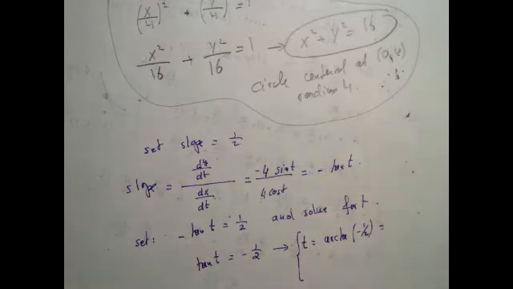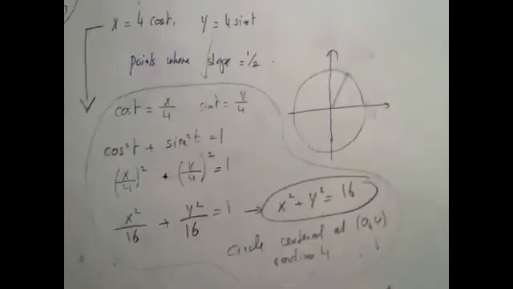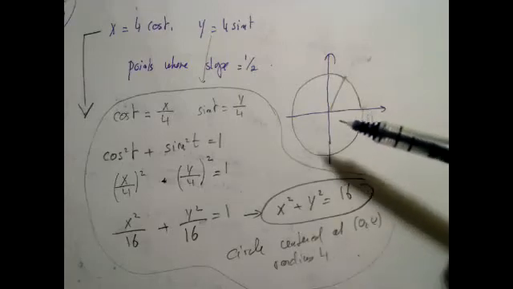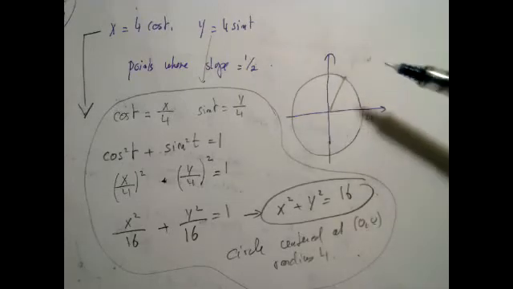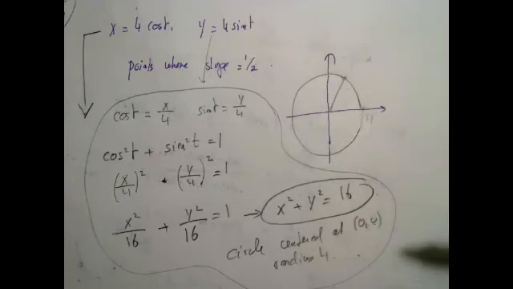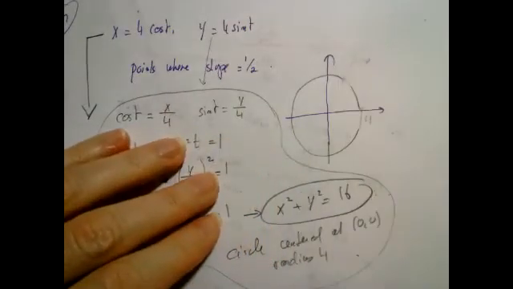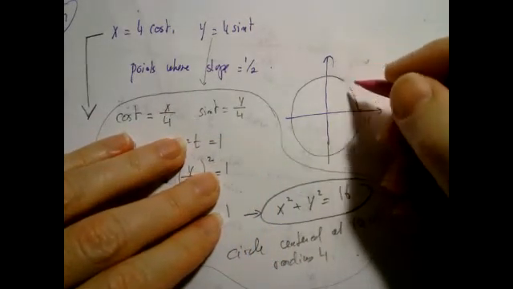Now, let me go back to the graph. How many points do you think will have the same tangent on the circle? 2. Because there is a symmetry on the circle. Let us say I find one of them.